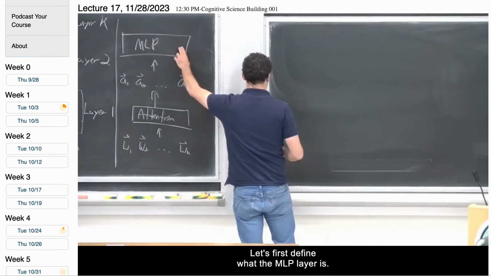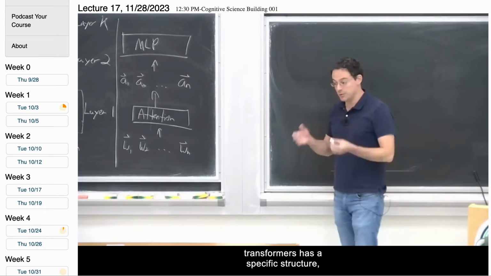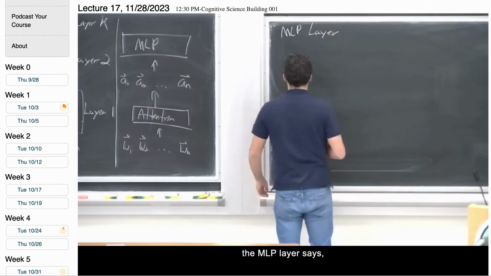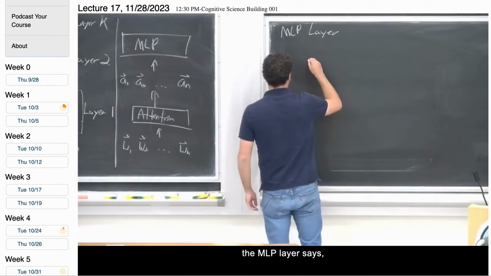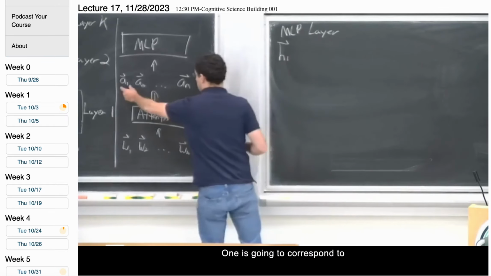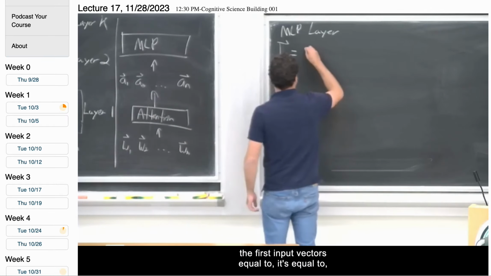Let's first define what the MLP layer is, because the MLP layer in transformers has a very specific structure. Let's just start with the output vector, h1, which corresponds to the first input vector. What's it equal to?